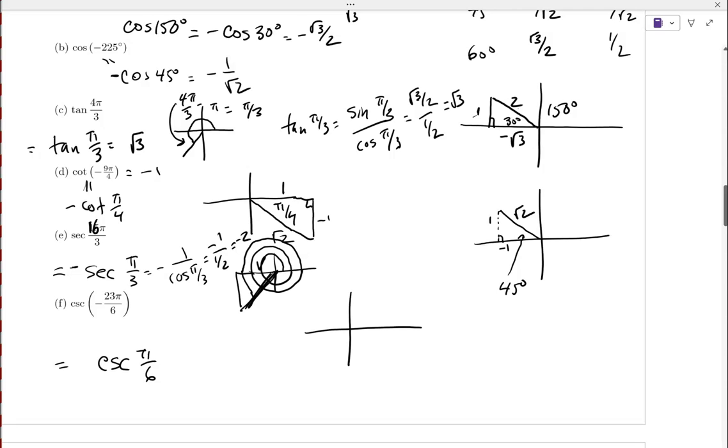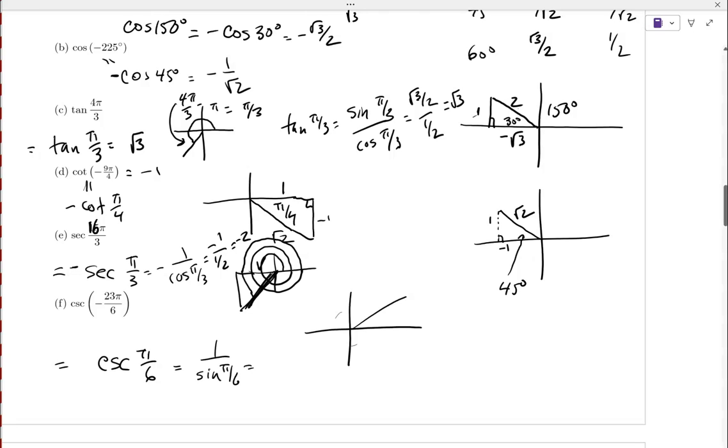So up or down to start with? Down. Around and down gives me to 12. Another time around will get me to 24. We're just a little bit short of that. So we end up in quadrant 1. So is it going to be a positive cosecant or a negative cosecant of pi over 6? Positive, because everything over there in that quadrant is measured positively. Cosecant is 1 over sine.